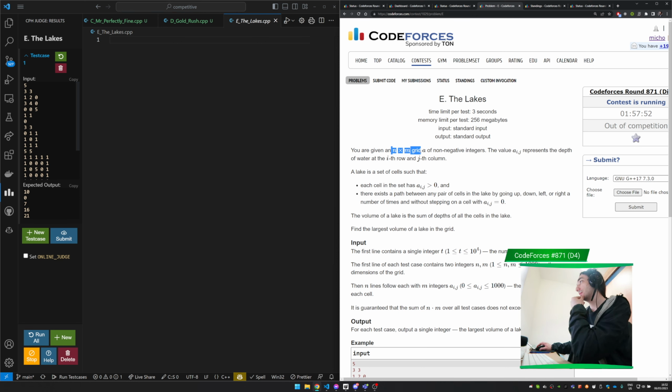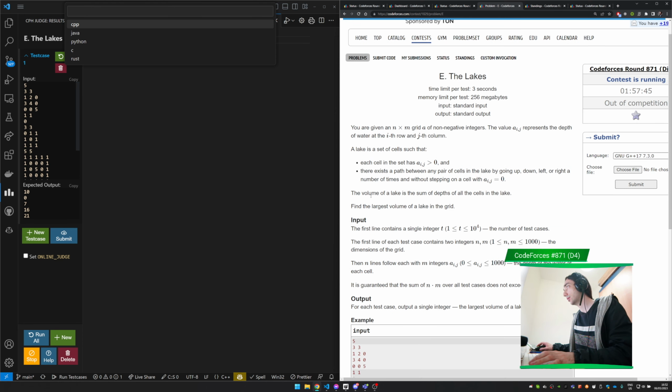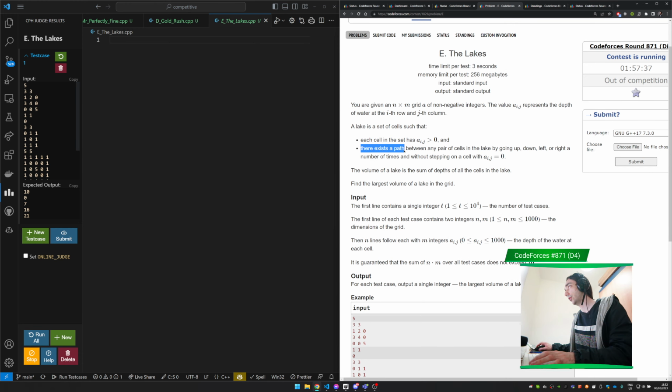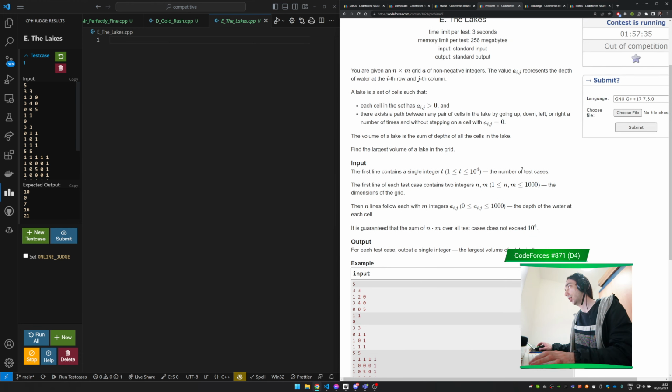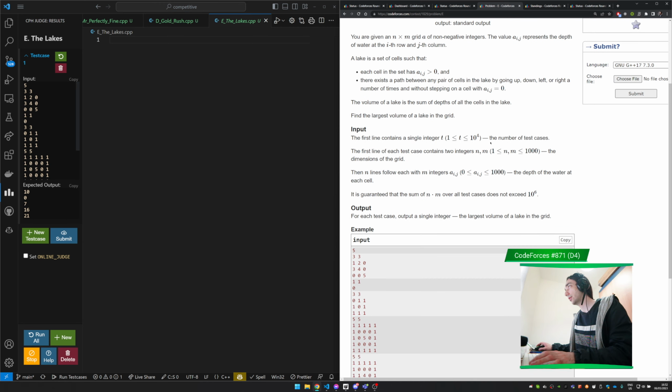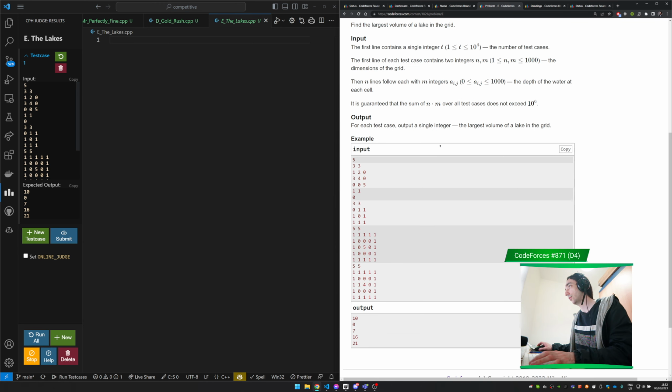You're given n by grid A where the value AI represents the depth of the water. A lake is a set of cells such that each cell has AI greater than 0, and there exists a path from any pair. The volume of the lake is the sum of the depths. Find the largest volume of a lake.